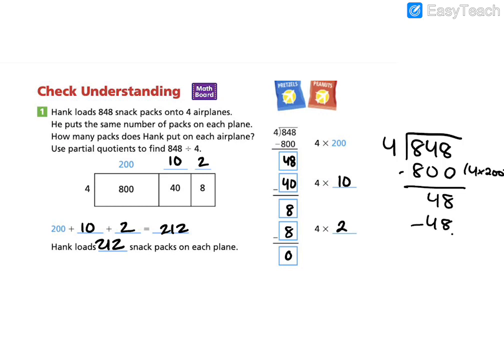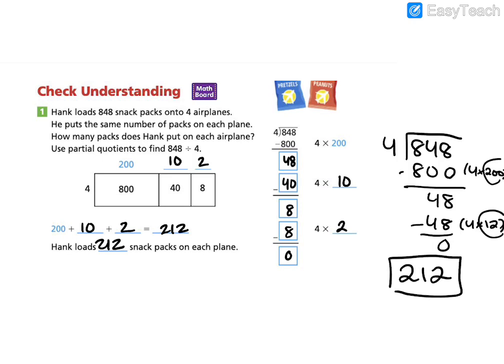So I could have used 48 here and said this was equal to 4 times 12. Then I would have seen still the same answer. 212 would still be my quotient. So that's just in case you got confused by how many boxes were here. If you saw right away that 48 was a multiple of 4.